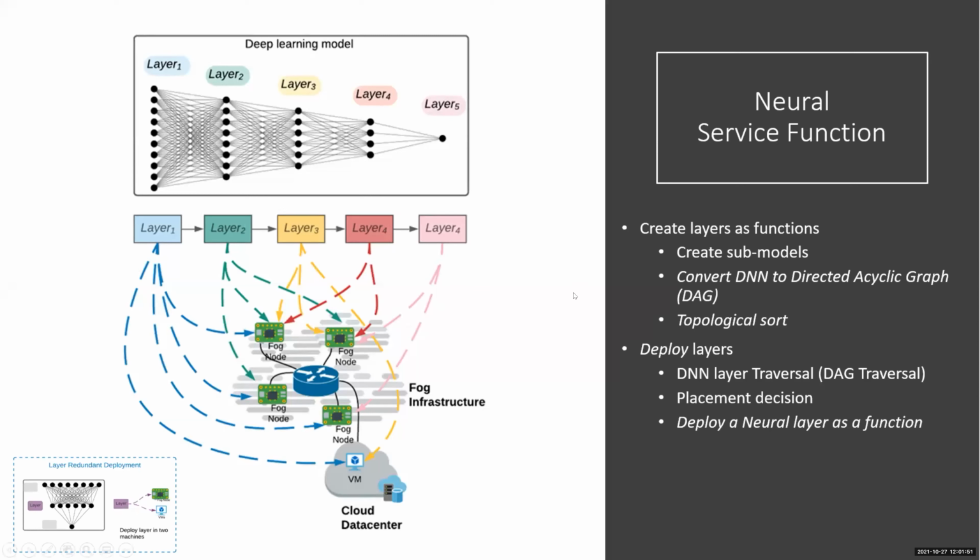This is a simplified neural network. Usually a neural network has a DAG. For example, this is a layer. The output of this layer will be the input for the next layer, layer 2, where layer 2 will produce output that will be fed directly to layer 3 here, and so on.